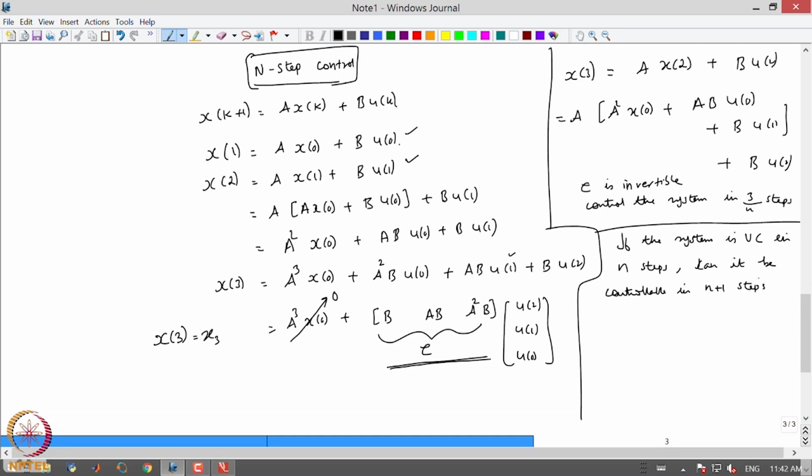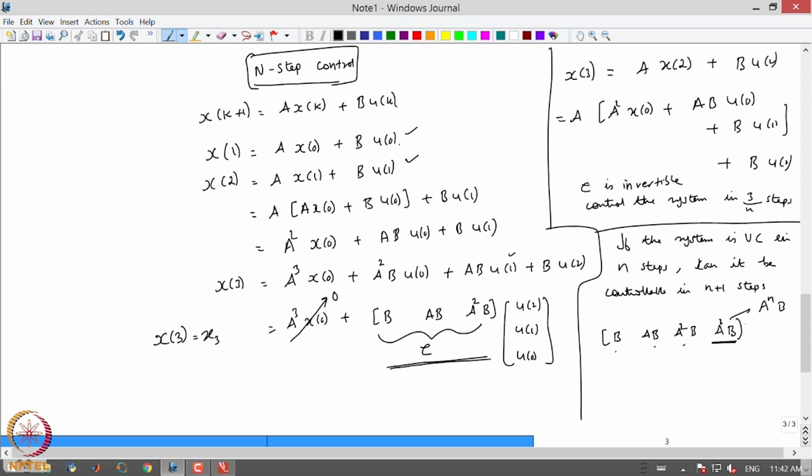Okay. So, let us look at it. Then my controllability matrix, the Gramian that I compute, would be B, AB, A square B and say A cube B, or in general this would be just A^n B. But what do I know from the Cayley-Hamilton theorem, that this A^n B, or A cube B in this case, can be written as a linear combination of these 3, and therefore, this does not contribute to the rank.